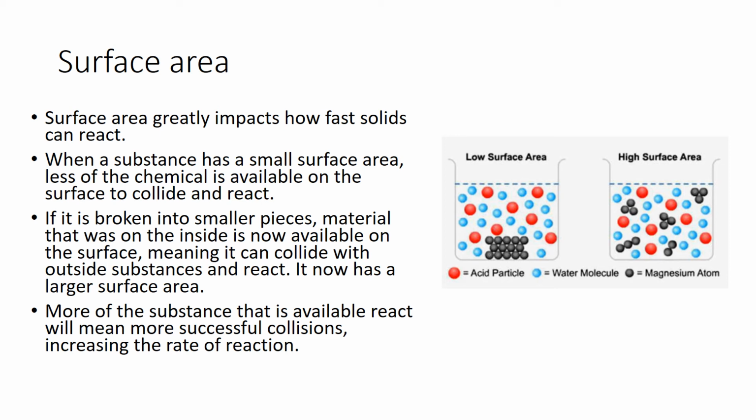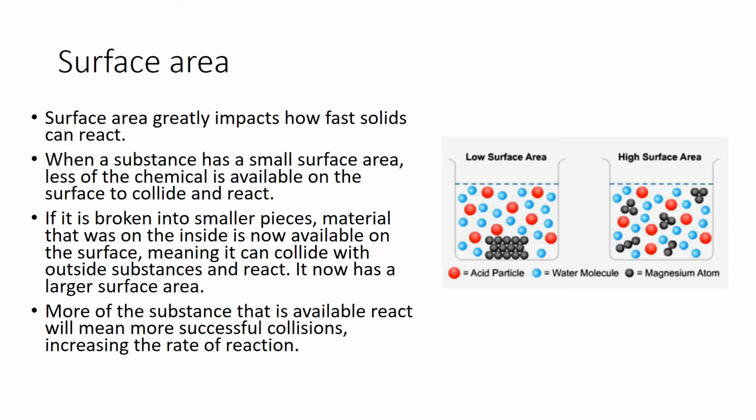So when a substance has a small surface area, less of the chemical is available to react on the surface. If it is broken into smaller pieces, material that was on the inside is now available on the surface, which means it can now collide with outside substances and react. It now has a larger surface area.